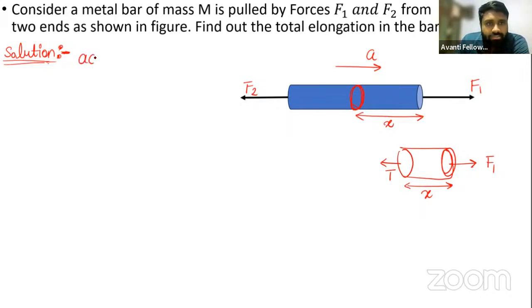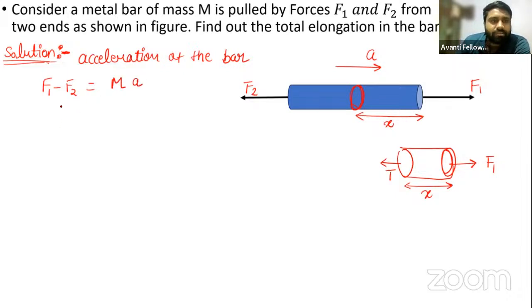So for the acceleration of the bar, net force F1 minus F2 equals mass of the rod into acceleration. Acceleration is given by F1 minus F2 by capital M. This is equation number 1.